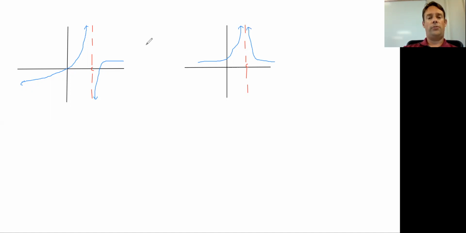Here's what I want you guys to try to figure out. For these functions, we'll call this one f of x. We'll call this one g of x.